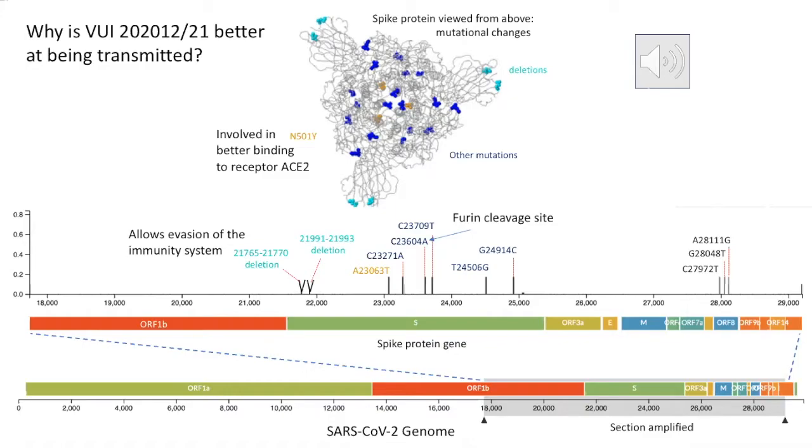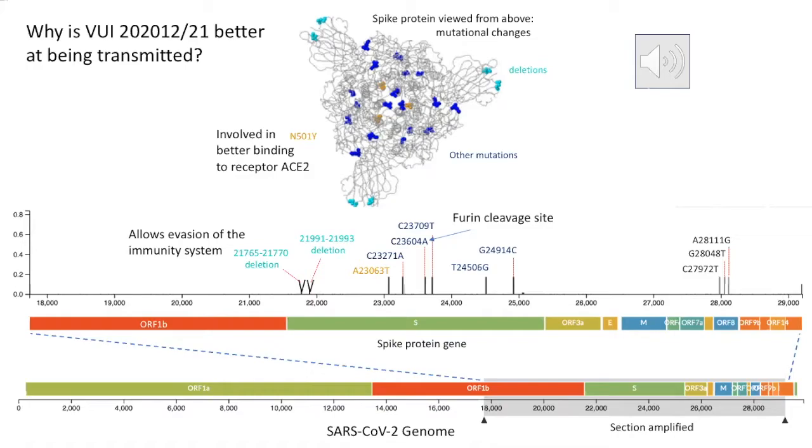These deletions cause a section of the spike protein to be removed. Now, you might think that is a good thing, and often deletions cause the inactivation of the protein. Unfortunately, not in this case. The region that's been deleted in this case is a region that is the target for antibody 484.